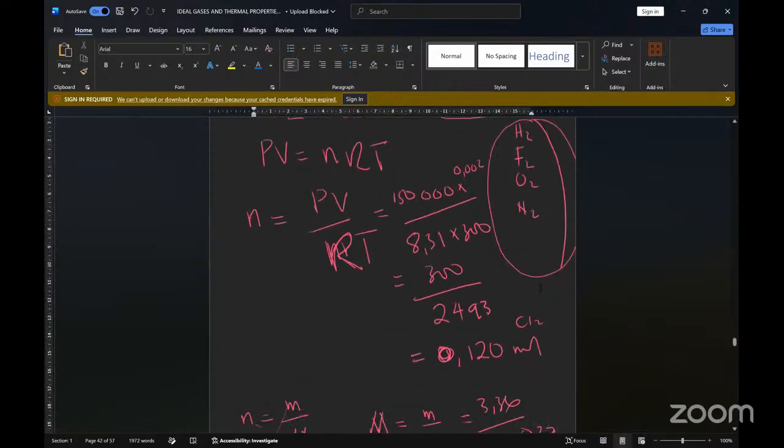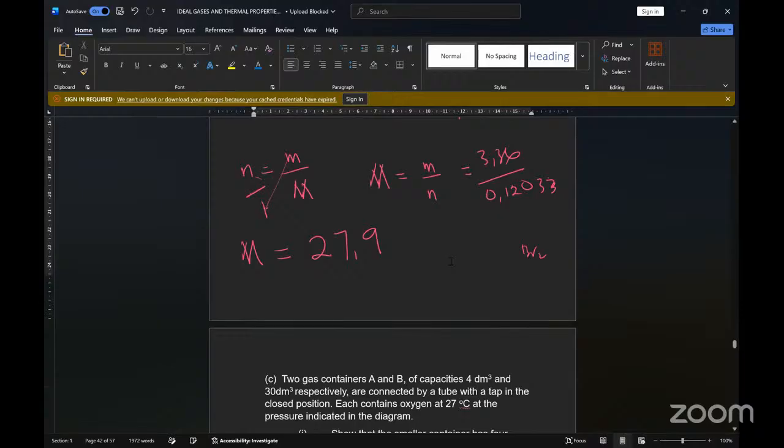Of all of them, the one that has a molar mass close to 27 is nitrogen. Remember, nitrogen is 14. So 14 times 2, there are two of them, is 28. So here we got 27.9, which is approximately 28. So the unit is gram per mole, and the gas is nitrogen.